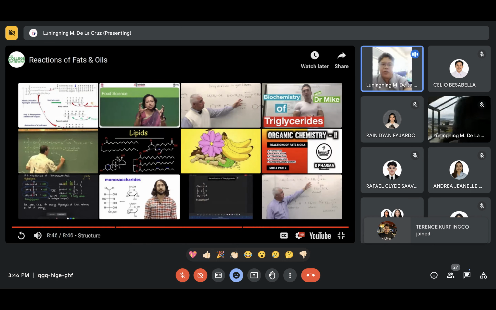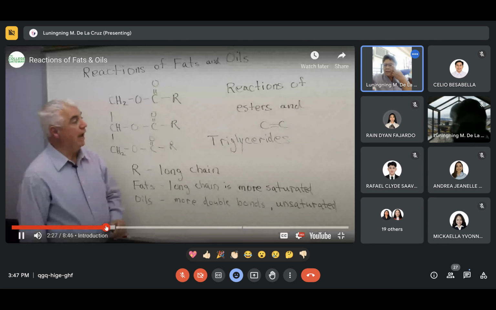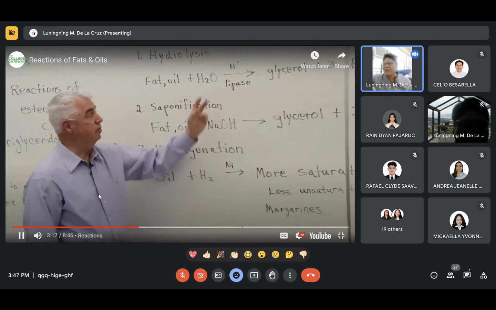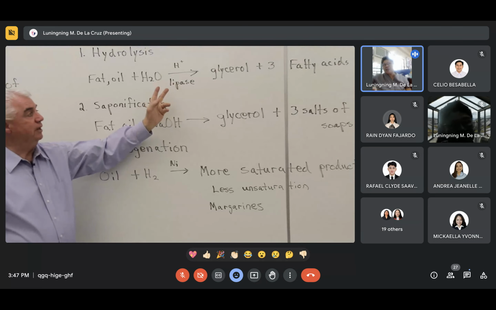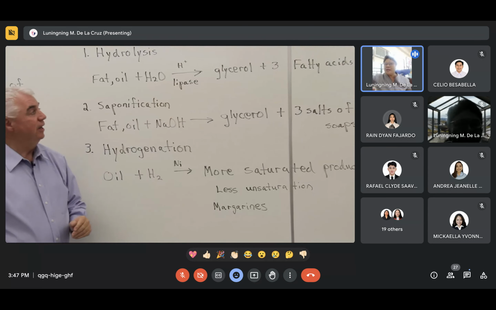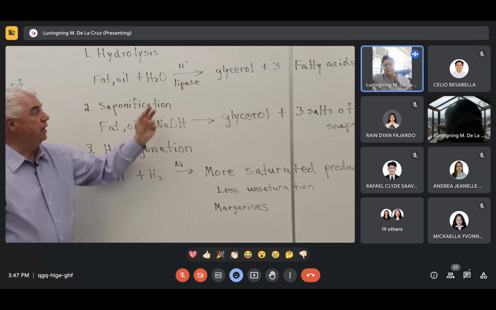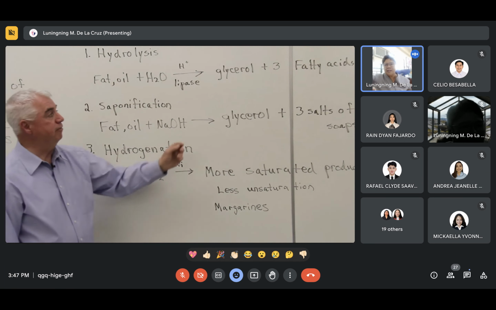So you have seen the three reactions of fatty acids: hydrolysis, saponification, and the last one is, I forgot, hydrogenation. Hydrogenation is a reduction reaction wherein the polyunsaturated fatty acid receives hydrogen and becomes saturated.